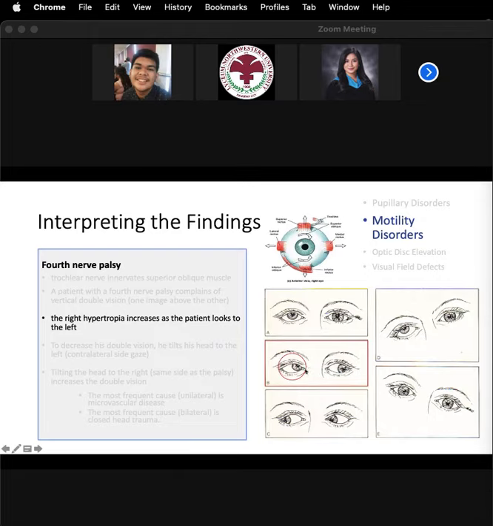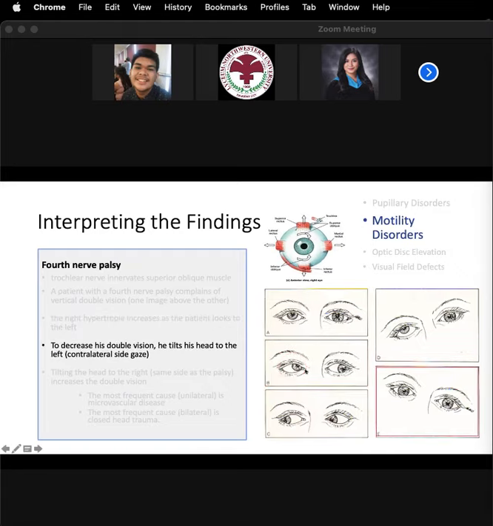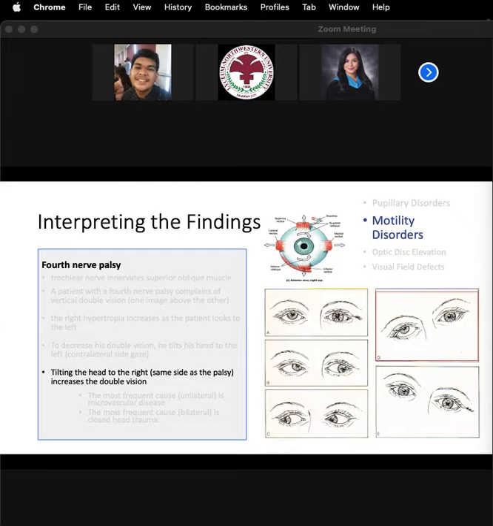Now, to decrease his double vision, the patient tilts his or her head to the left, the contralateral side. When you tilt your head to the same side of the palsy, it will even increase the double vision, like the one in this picture.